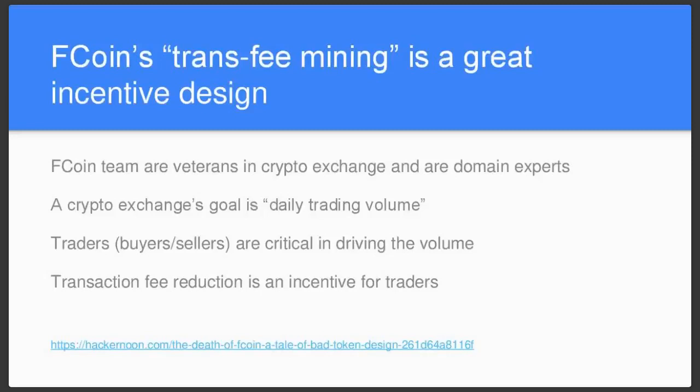But one very effective thing is the transaction fee. Traders don't like to pay fees, and because people are rational, if I don't pay a fee, my cost is lower. So transaction fee reduction is an incentive for traders. That's exactly what FCoin designed, called transfer mining. And as you can see from the result, they got it right, and it's very, very effective.